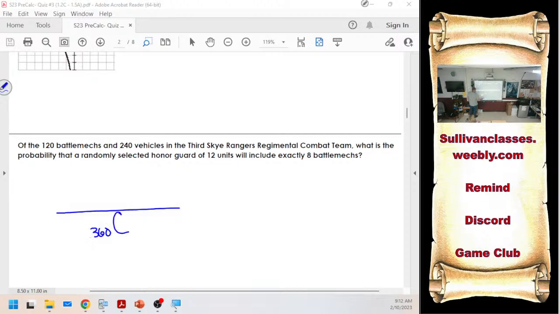Okay, you are right, it is combinations. And how many total things am I selecting? Okay. Those 12 things are broken into how many categories? So that means I will have 2 combinations. Category 1, mechs.